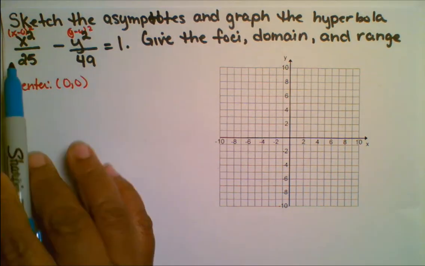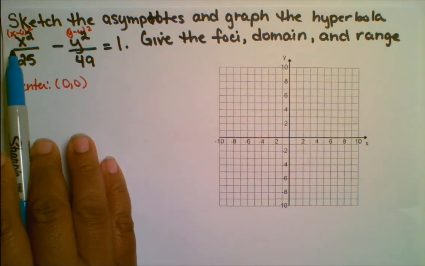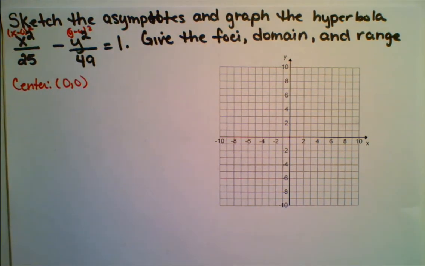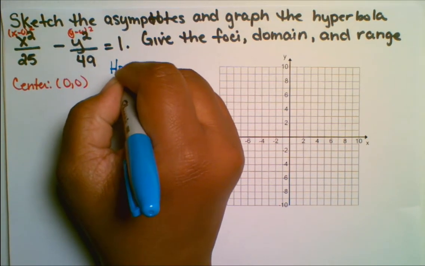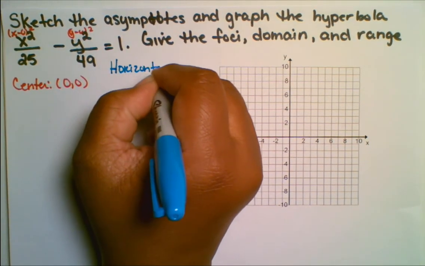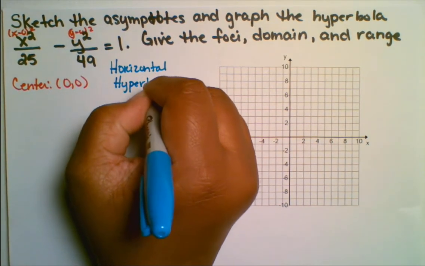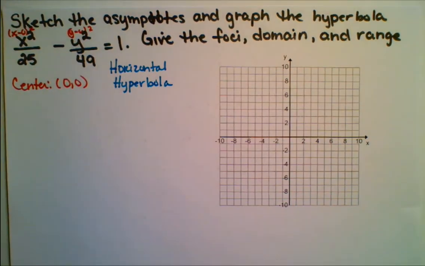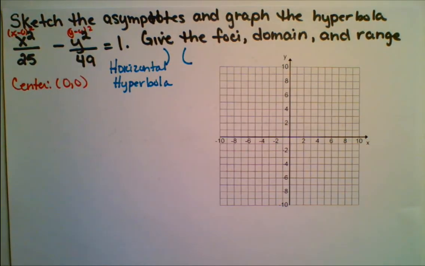Well, let's look at the first term of this equation. It's an x squared. So this is the notion that this equation is a horizontal hyperbola. So it's going to open up left and right.